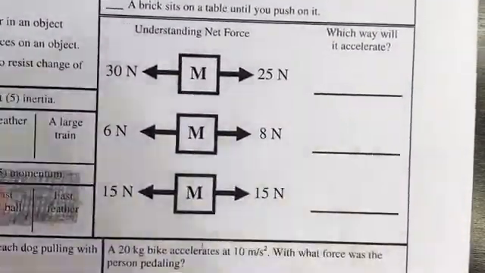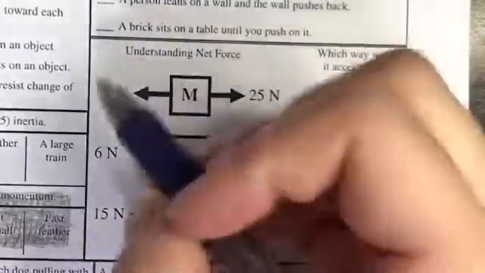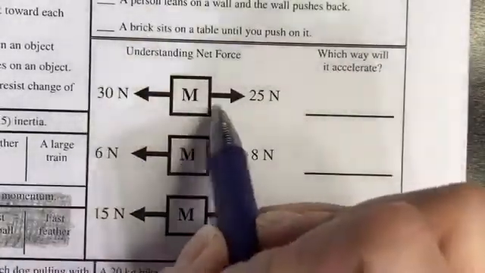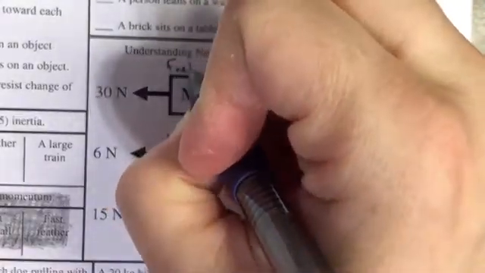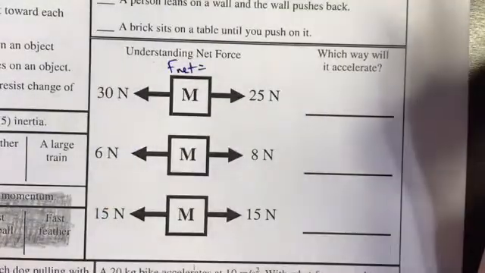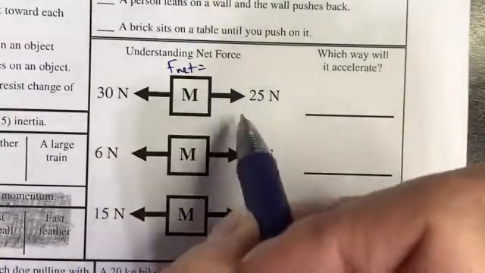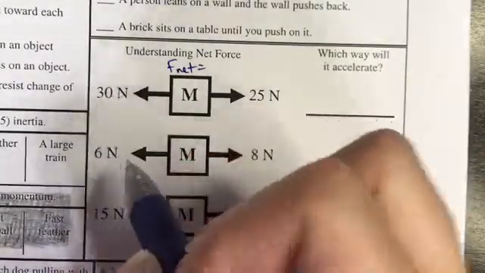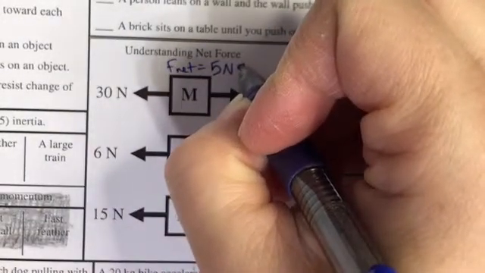Okay, understanding net force. So we have here a scenario, we have this object with a mass, 30 newtons pulling to the left, 25 newtons pulling to the right. So first question I have, what is the net force? Okay, so we've got 25 to the right, 30 to the left. They kind of cancel out a little bit there. That 25 cancels out 25 of those. So you end up with 5 newtons going to the left.